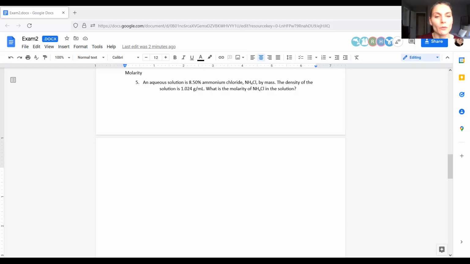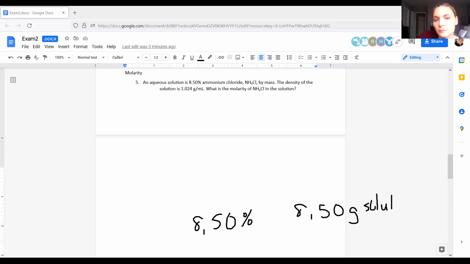And like I said before, hypothetically, that told us that we had 8.5% for our mass percent. What that is saying in a nutshell is that we have 8.5 grams of solute over 100 grams of our solution.